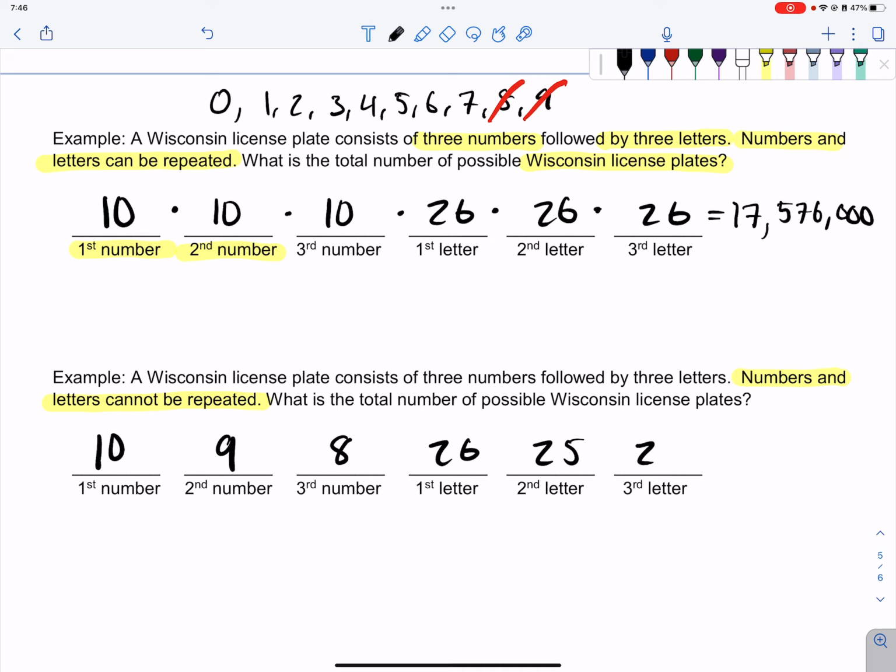So the third letter only has 24. And now we can multiply all of these together to get our total number of license plates. So now this gives us 11,232,000 different license plates when the numbers and letters cannot be repeated.